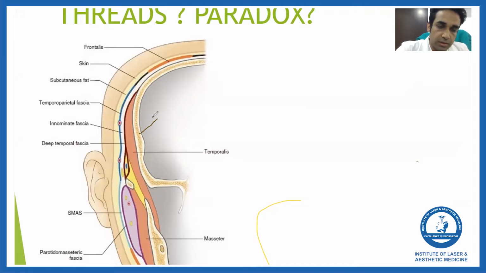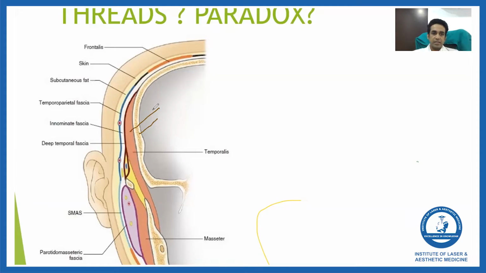So here, this is the bone, basically the skull or the temporal bone. Over the temporal bone, you can find this muscle, which is temporalis muscle. Over the temporalis muscle, there is a fascia, which is called the deep temporal fascia.